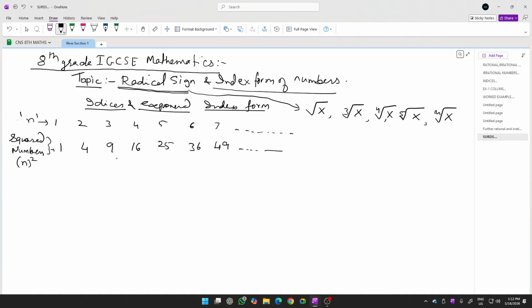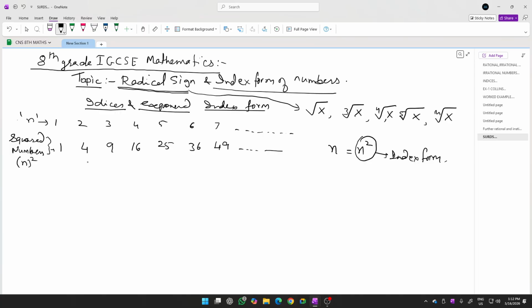In general, the squared number of n is written as n squared. This is known as index form. In index form, you always give a number as something raised to something.